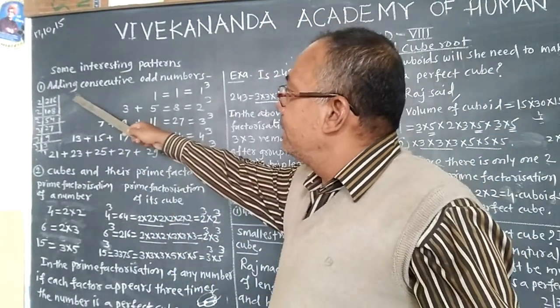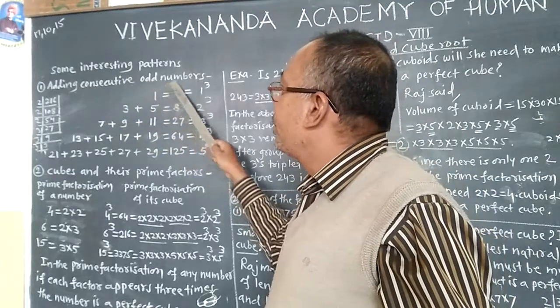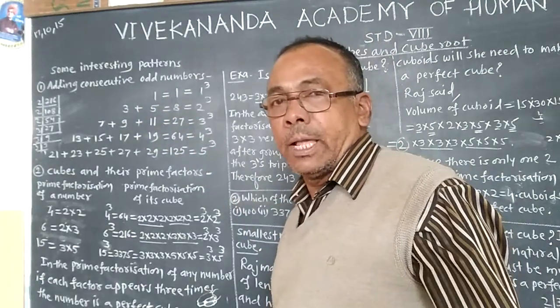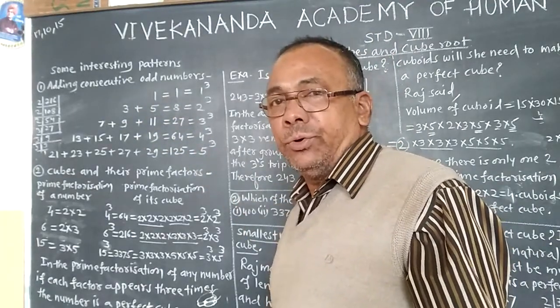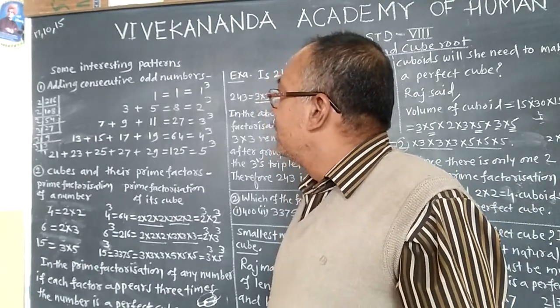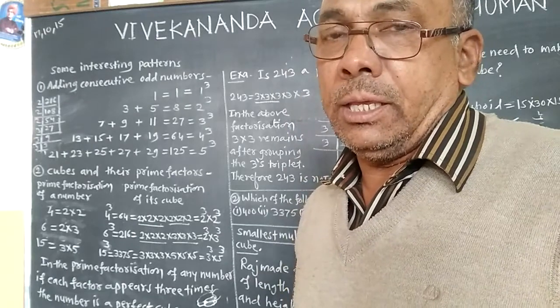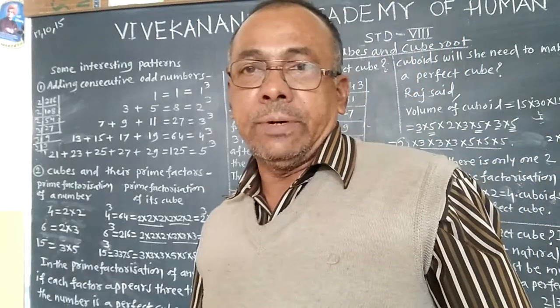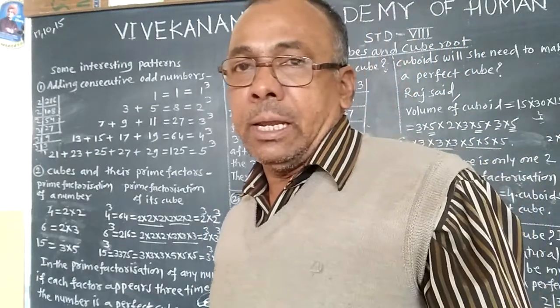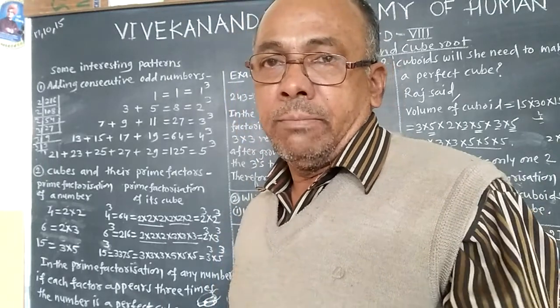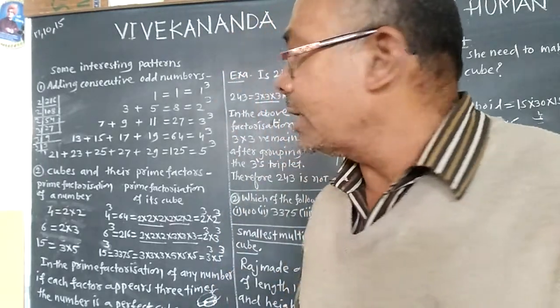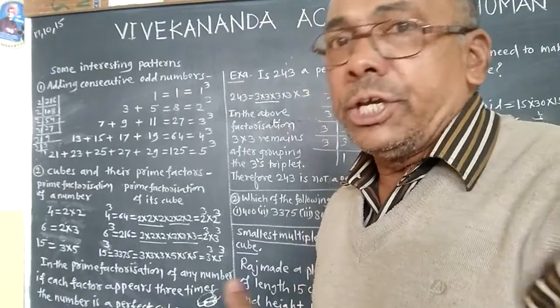Here the first is adding consecutive odd numbers. So we know that 1, 3, 5, 7, 9, 11, 13, 15, etc. are the consecutive odd numbers.